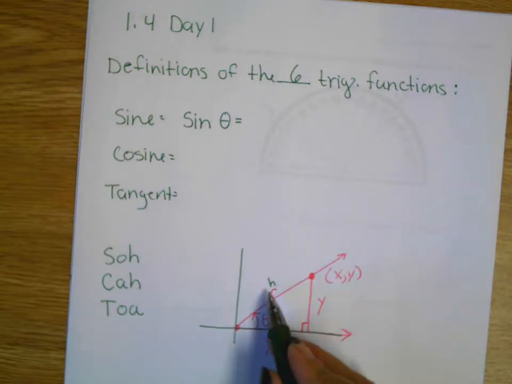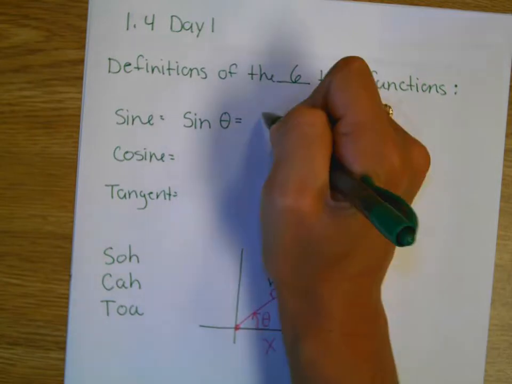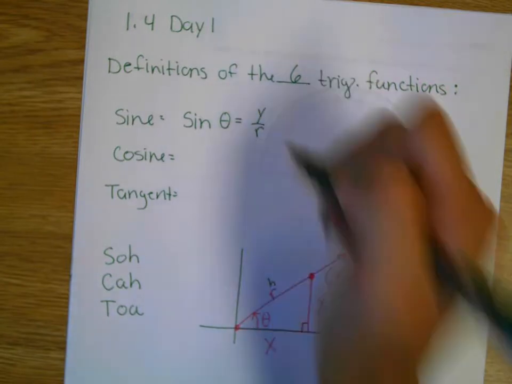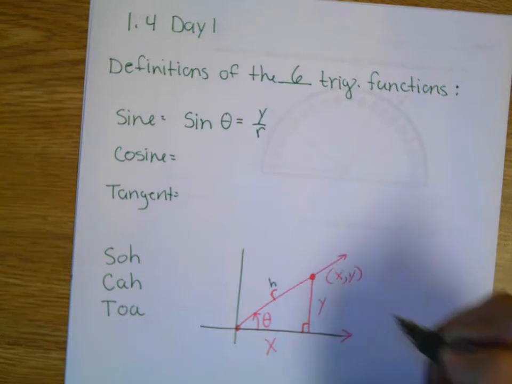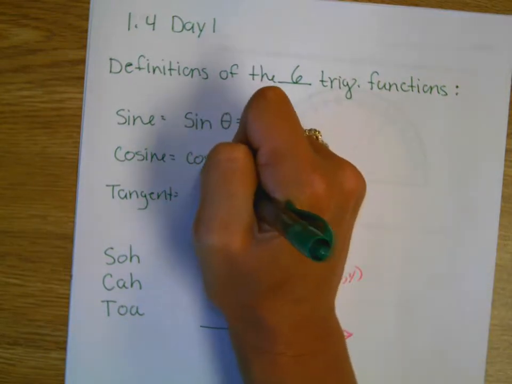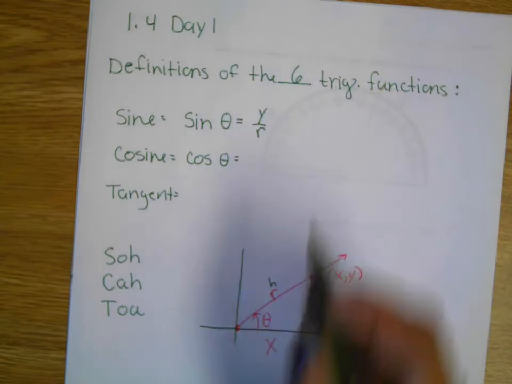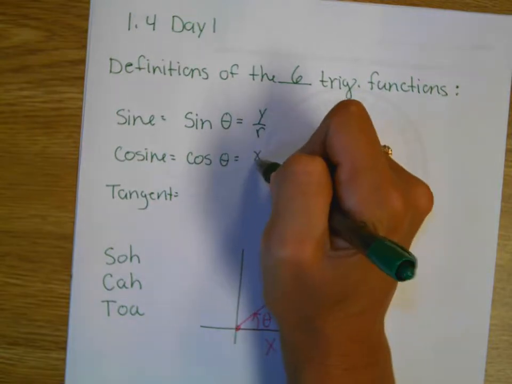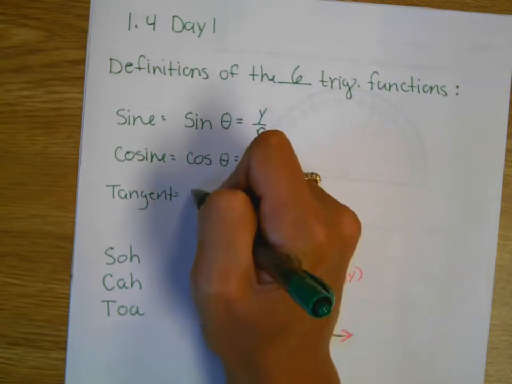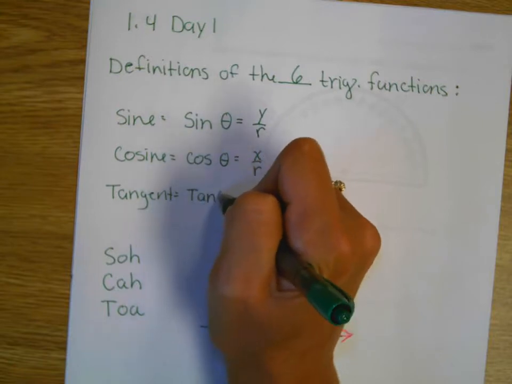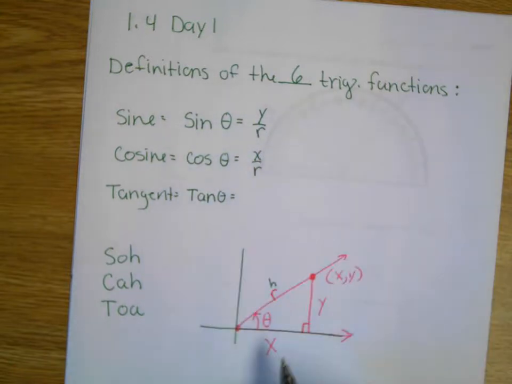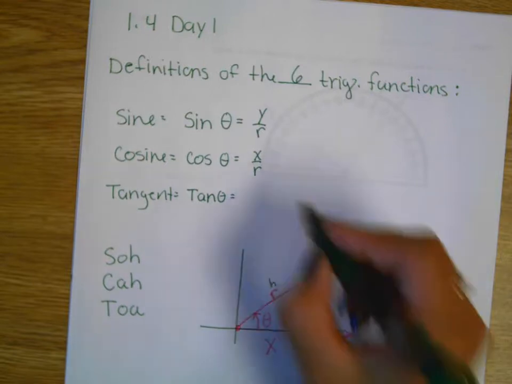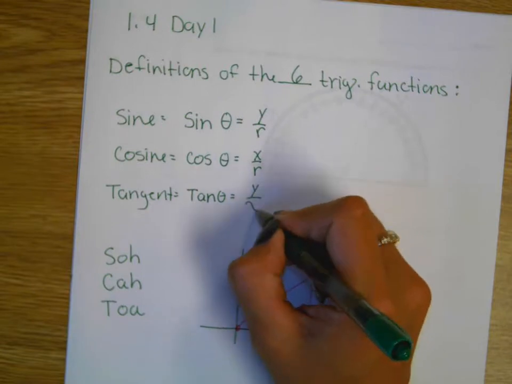Do you agree that y is opposite and r is the hypotenuse? So sine is y over r. Cosine is abbreviated COS. Cos, standing on theta, is still adjacent over hypotenuse, but in this case it will be x over r. Tangent was abbreviated tan, and it's still opposite over adjacent, so it will be y over x.